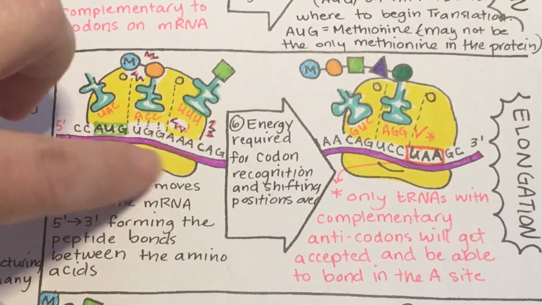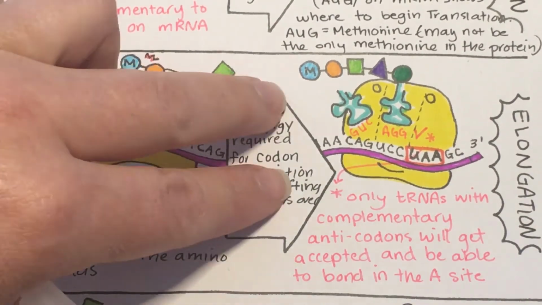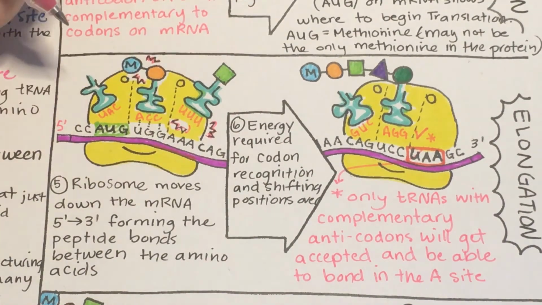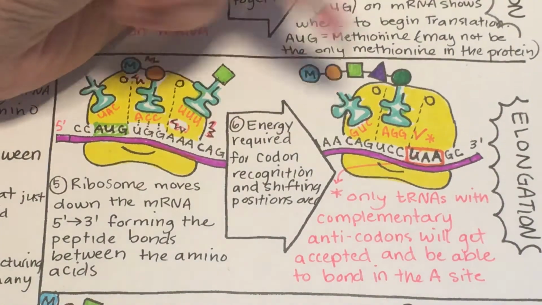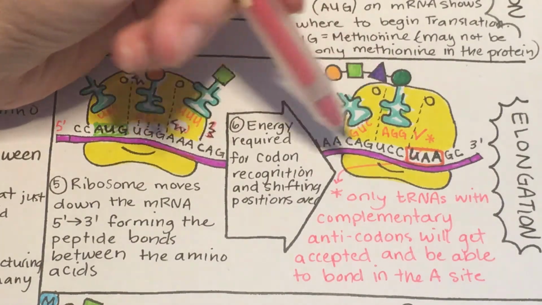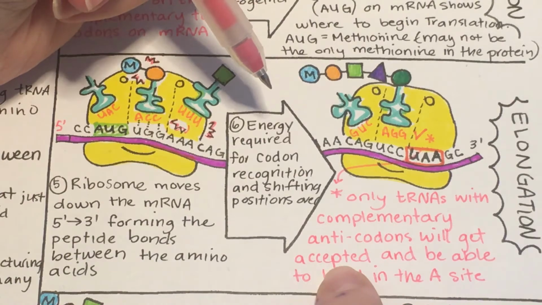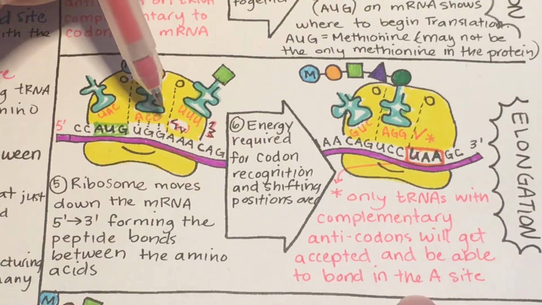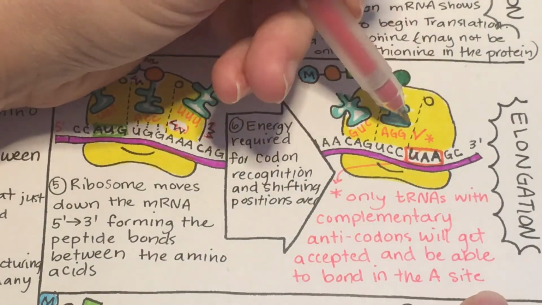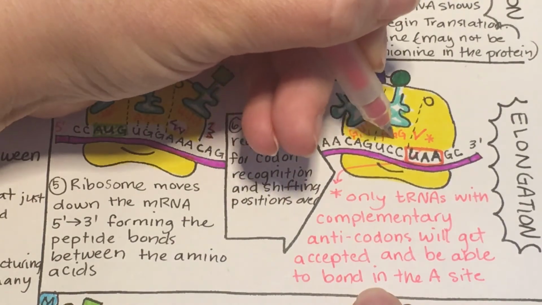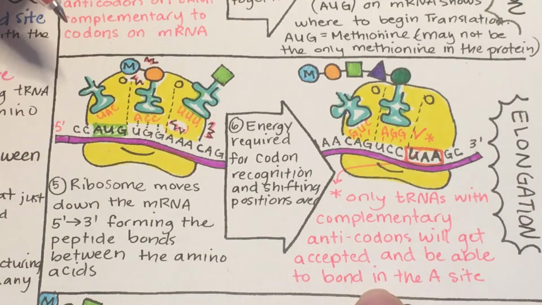This is also taking ATP to move the ribosome and shift it over position to position and forming bonds. That's going to take energy too. So let's see, only the tRNAs that are complementary with anticodons will be accepted and be able to come into this A site. So I've been filling in the right anticodons that should be binding in here. You can do that as well.